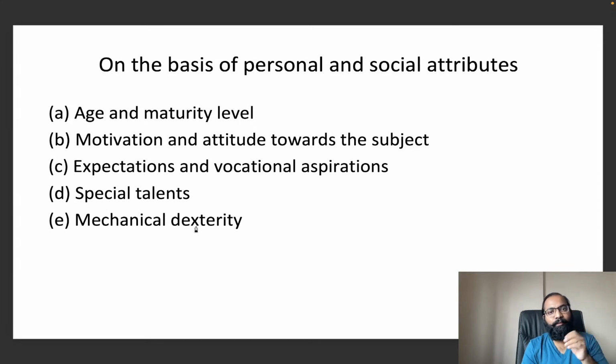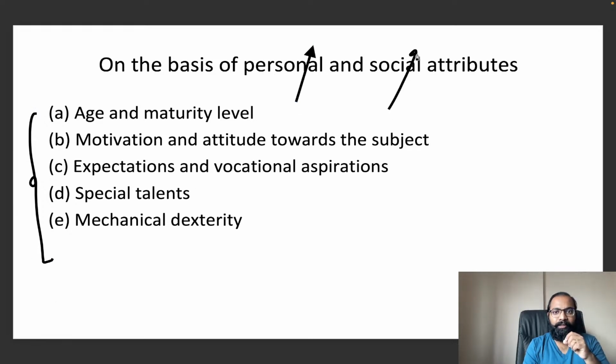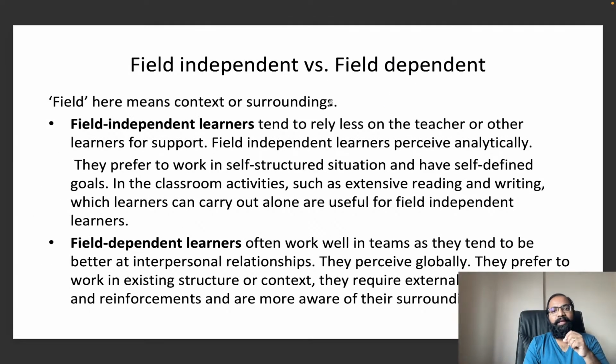Mechanical dexterity means movement. If you want to play football, volleyball, or cricket, the mechanical dexterity must be very good. Even if you are writing, the mechanical dexterity must be very good. So if you encounter these points in your examination, they all connect to personal and social attributes. Okay, fine. Next, what are field independent and field dependent learner characteristics?